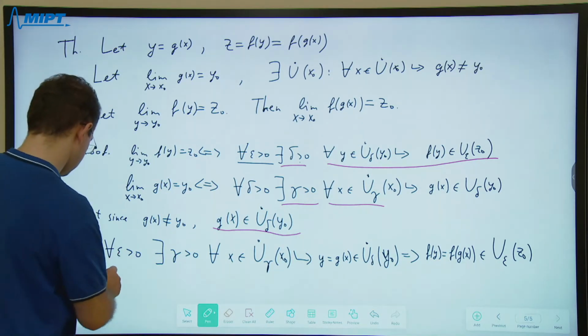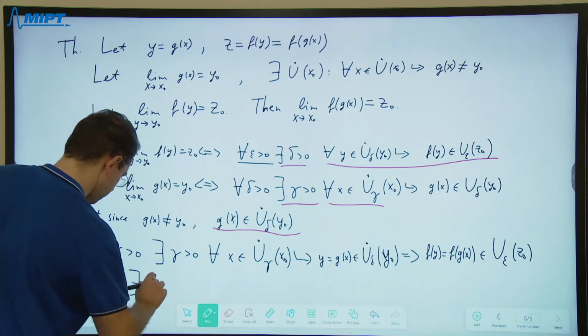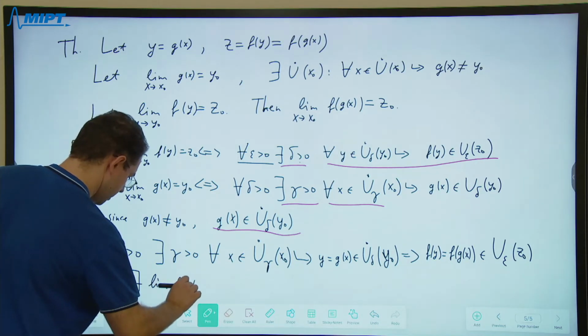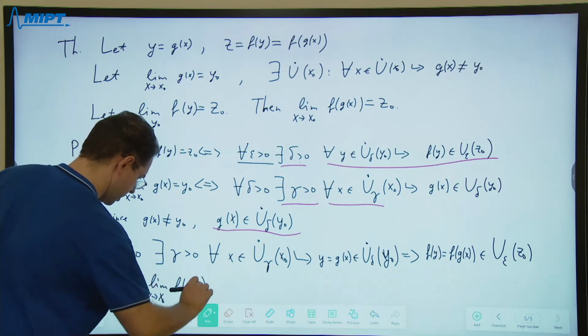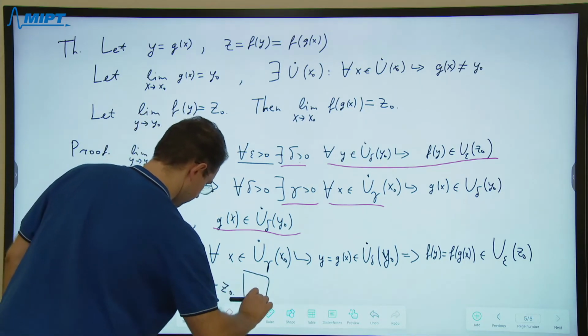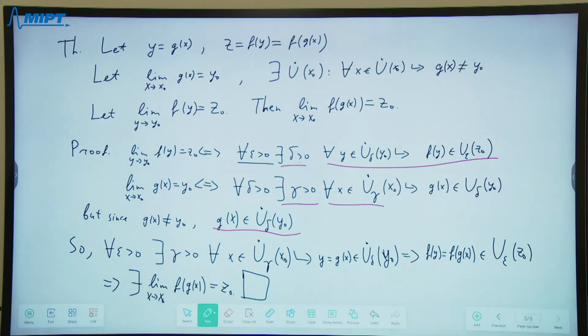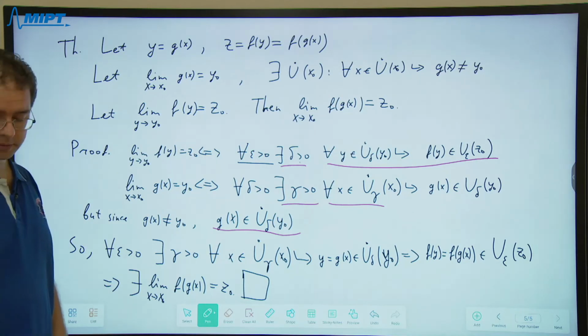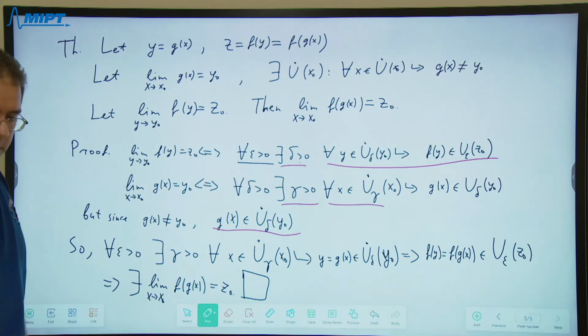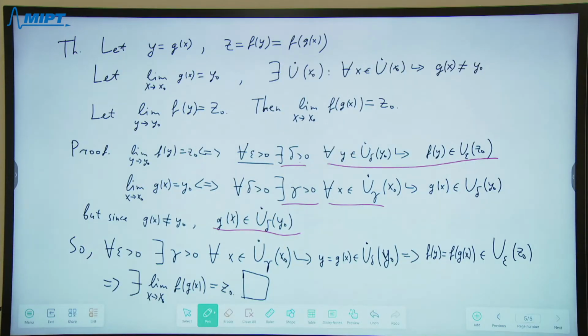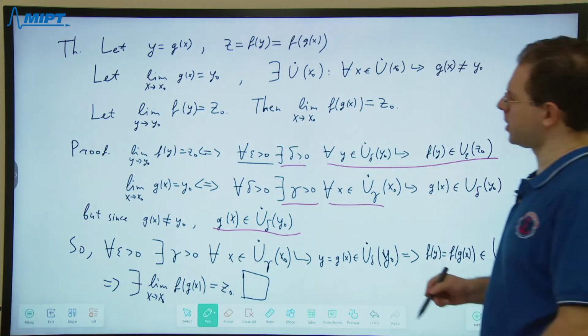But this just means that there exists a limit of f of g of x as x tends to x0, and this limit is z0. Okay, that was theorem 5.